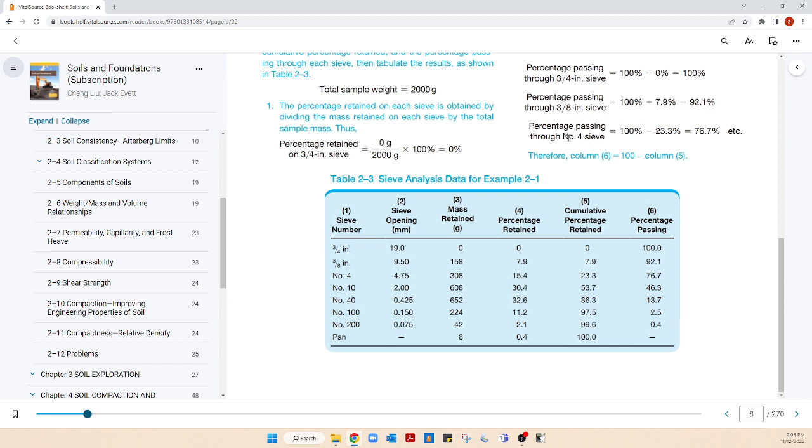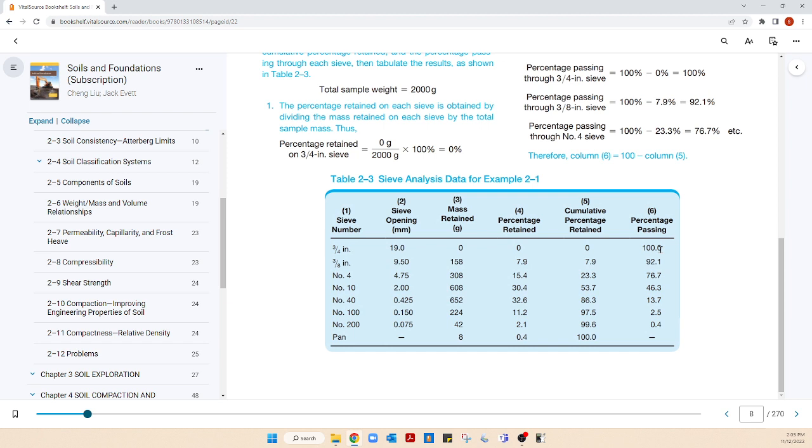On the number 4 sieve, the cumulative percentage was 23.3%. So we take 100% minus 23.3, and 76.7% is passed. So you see percent passing.